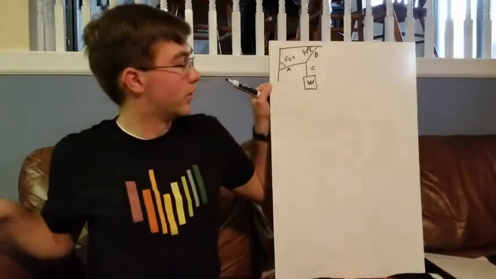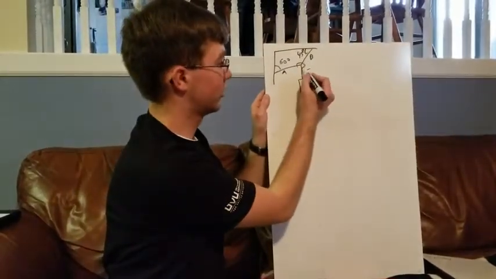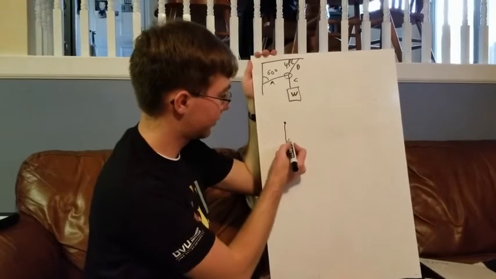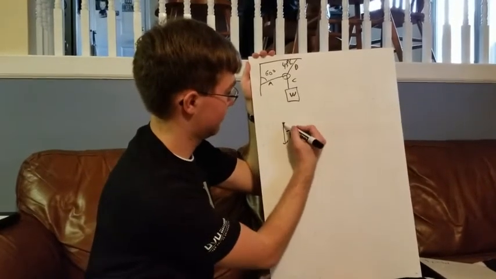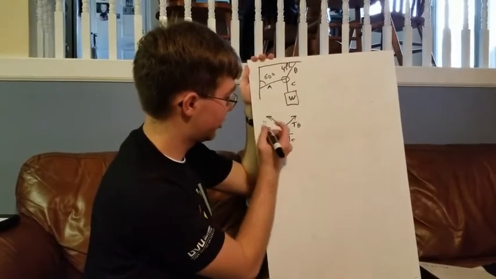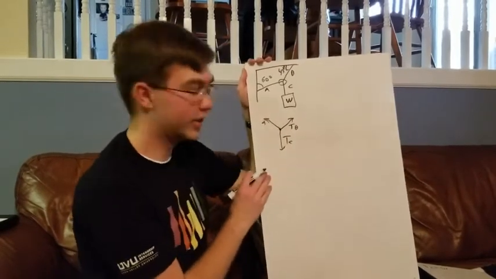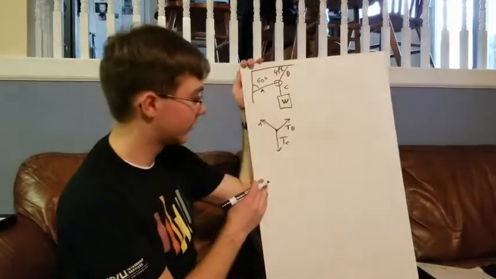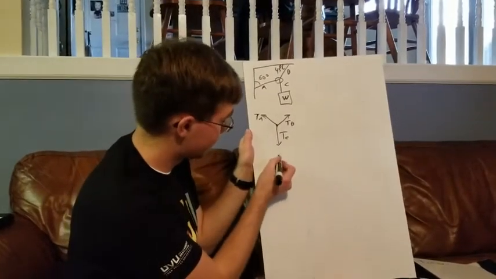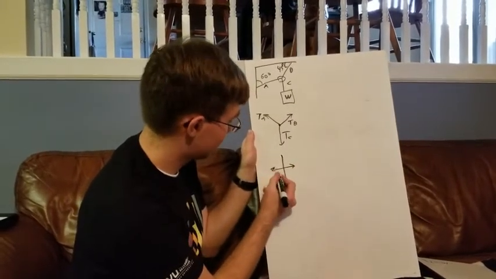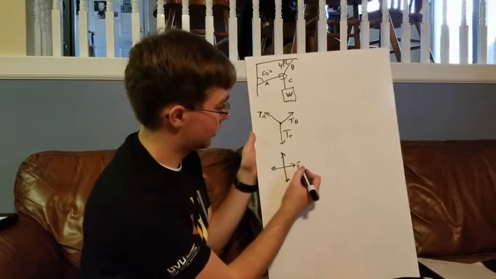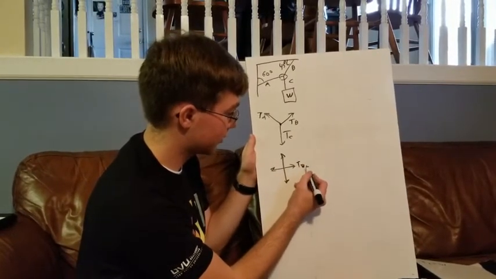Now I'll go on to the second system, which is this point of intersection right here. I have tension C, tension B, and tension A. Now I need to break up these different tension vectors into an x direction and a y direction.